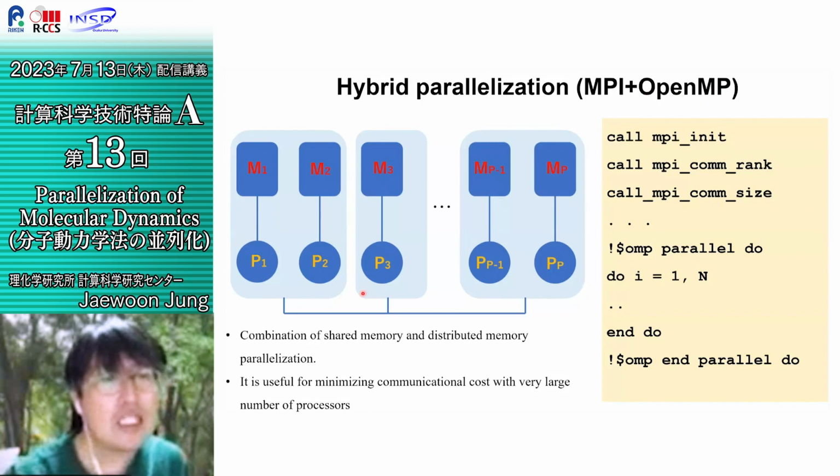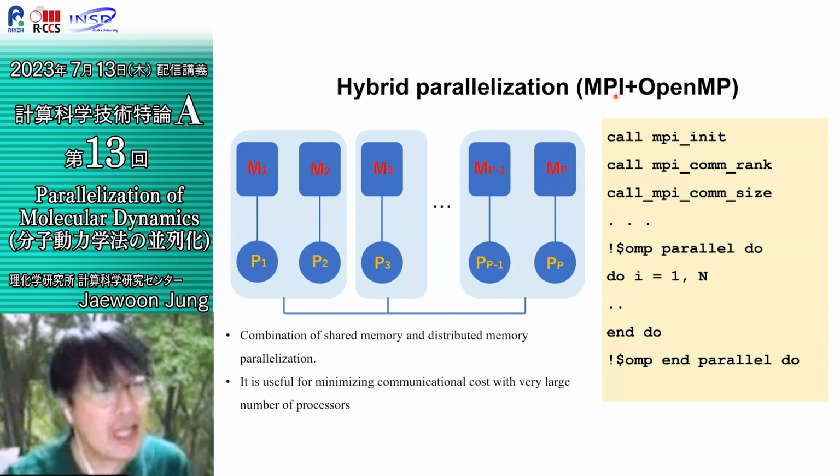So each processor, we first distribute the processor according to MPI. And inside the MPI, each processor can share the memory together. In some cases, parallelization with MPI is very difficult, and in some cases, parallelization with OpenMP is not so efficient.